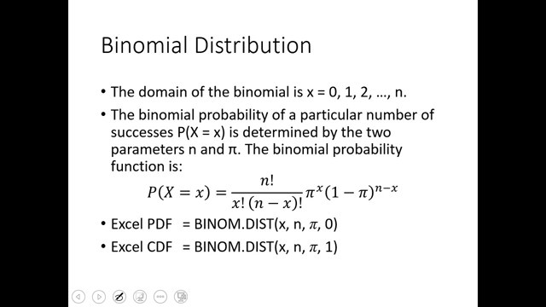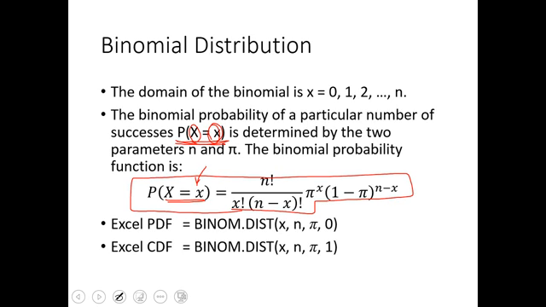Okay. Then let's check the probability that the binomial random variable has the value x. The probability that X has the value small x is given by this equation. That is the probability distribution function of a binomial random variable.